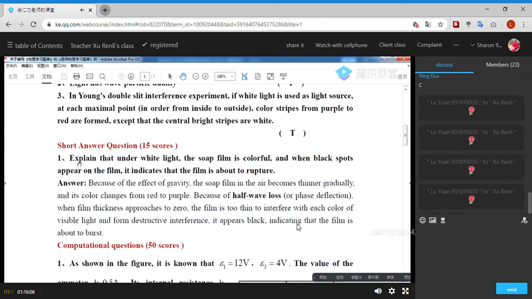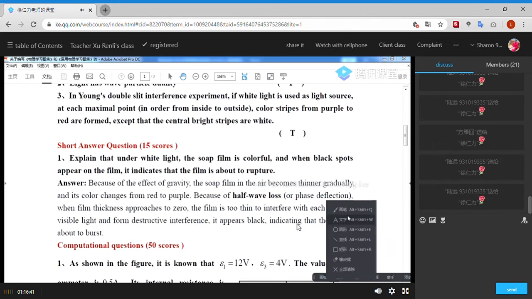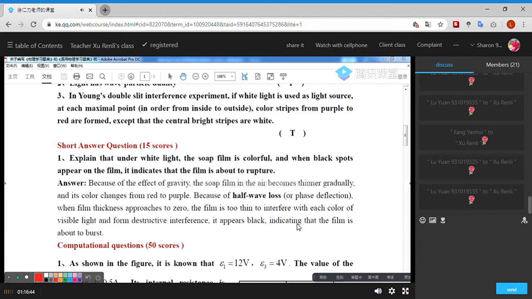Here is a short answer question. Explain that under white light, the soap film is colorful, and when black spots appear on the film, it indicates that the film is about to rupture, about to break. This is about film interference. Let's skip this question.